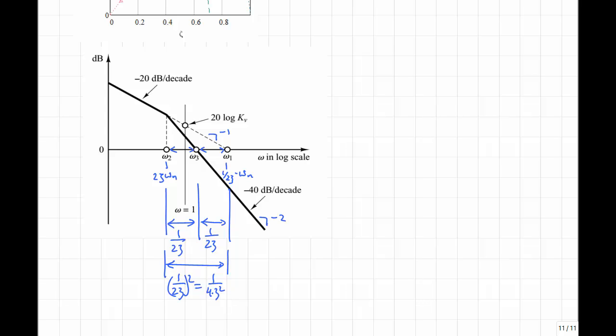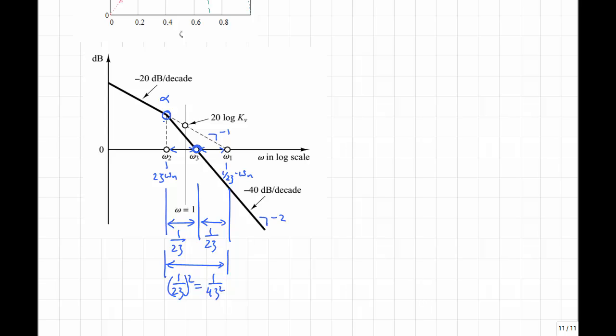But for the moment, let's see if we can extract zeta by simply looking at the magnitude plot. Notice that if you could clearly identify this pole frequency, which is really alpha, and you could identify the zero crossing, omega 3, that is not hard to do. It's going to be whether you can clearly identify the break frequency at omega 2.